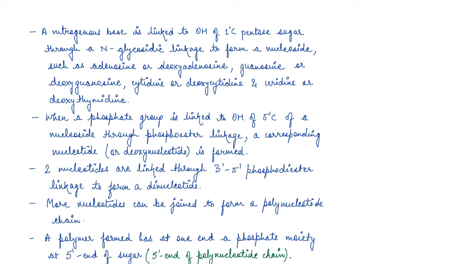So a nitrogenous base is linked to the OH group of first carbon of pentose sugar through N-glycosidic linkage, right?